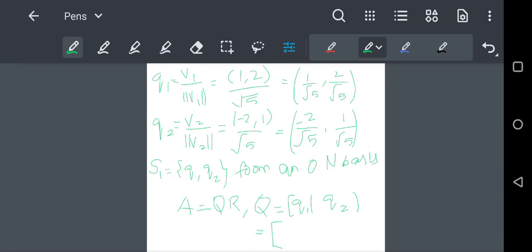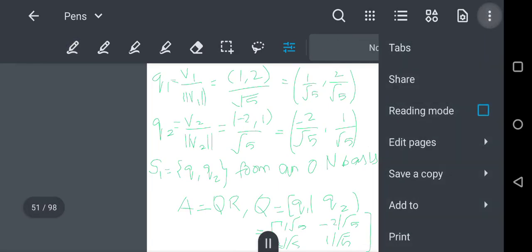So we will be getting 1 divided by root 5 and 2 divided by root 5, minus 2 divided by root 5, and the last one is 1 divided by root 5. That will be the value for our Q.